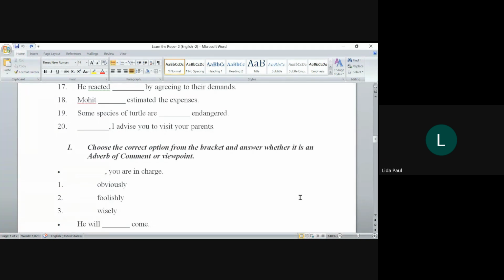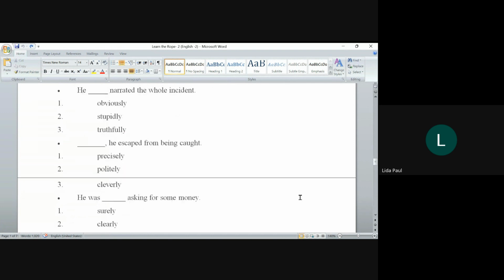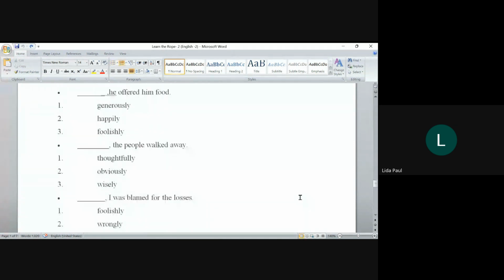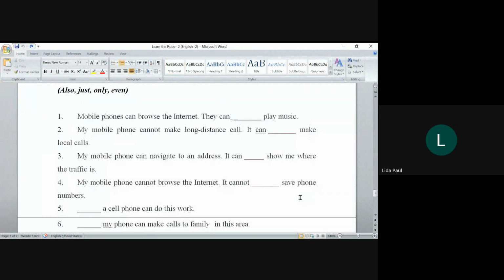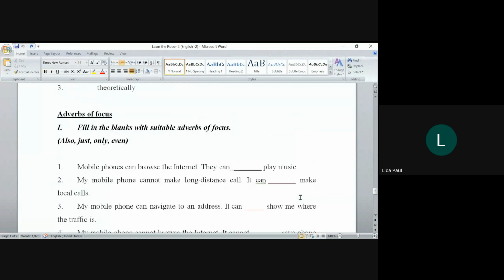This will continue in the next class, and also the second part on the focus adverbs. This is also very important. So we finish this off in the next class. Mostly the materials we use are MS Word worksheets. This would be uploaded like we did in the last course to your supplementary tab sections. You can access it from there.